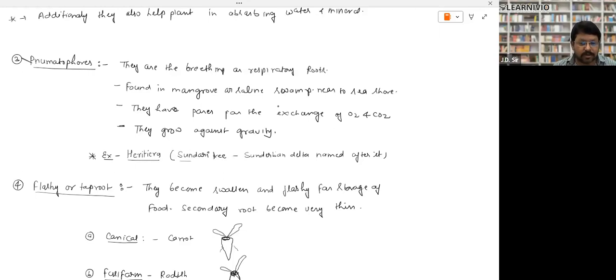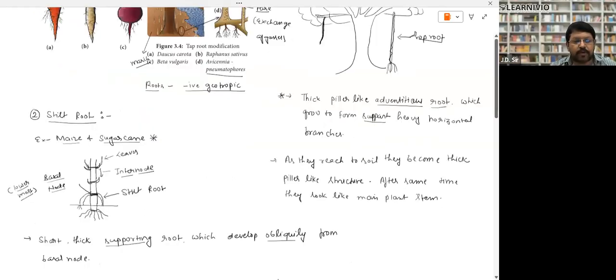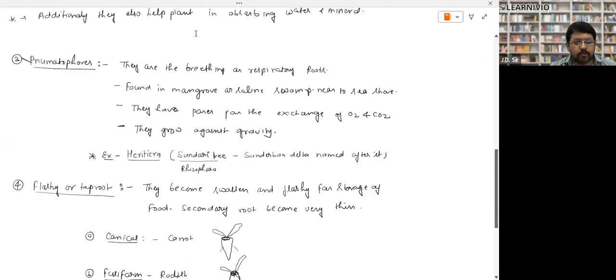No? Rhizophora plant, right? It is a type of Rhizophora. Rhizophora are the only plants which grow in delta, right? Look, this is a type of Rhizophora or mangrove, right? This is a mangrove tree. Rather than Rhizophora, let me write down mangrove tree.